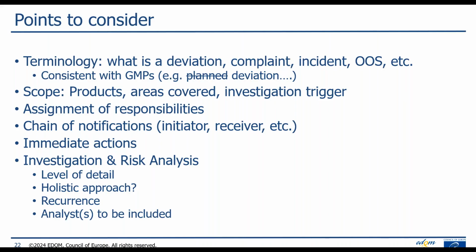Okay. Assignment of responsibilities, very important. The chain of notifications, again, workshop level, receiver, etc. Traceability has to be there. What are the immediate actions to remove imminent risks? And then again, the investigation and risk analysis, level of detail, holistic approach, recurrence, and also the inclusion of appropriate subject matter experts.